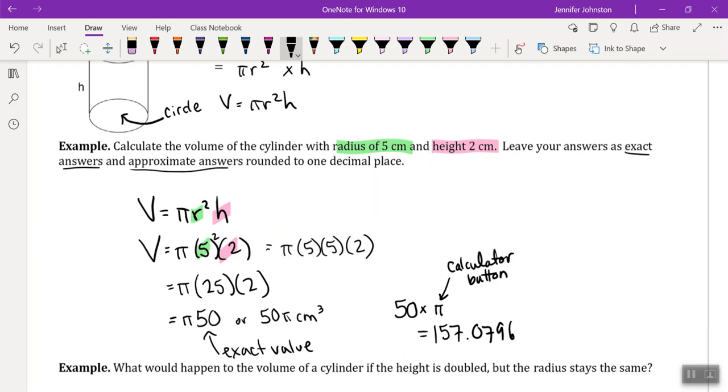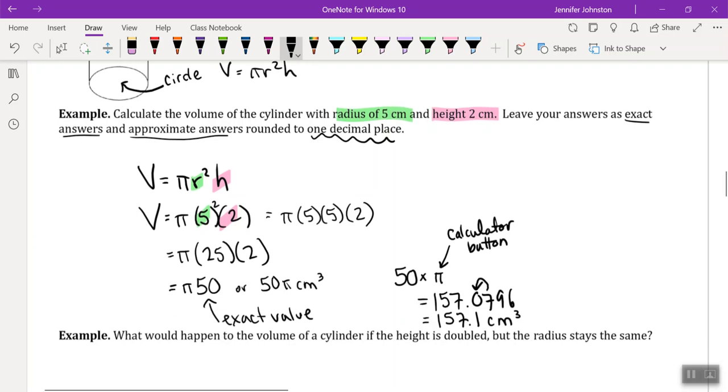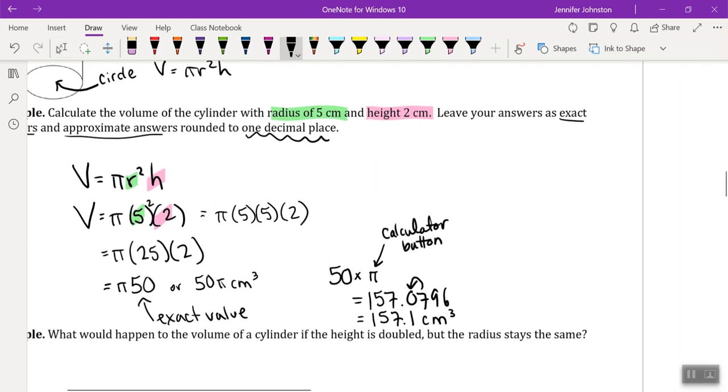Now it says to round to 1 decimal place. So we're going to take this 7 and we're going to round that number up. To a, well, it's not going to be 0 anymore. What's it going to be? 157.1 centimeters cubed. All right, and this is what we call an approximate answer.